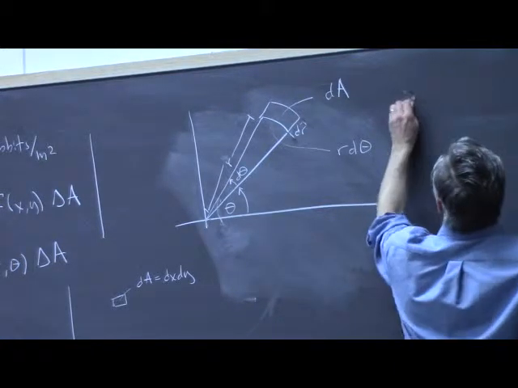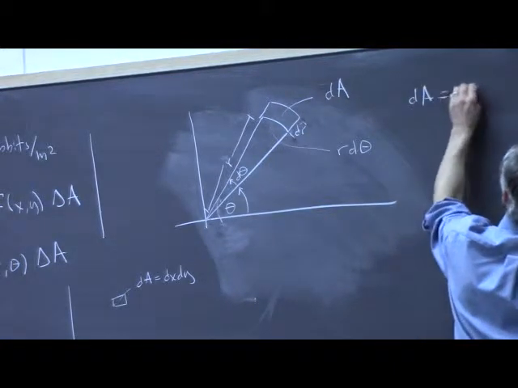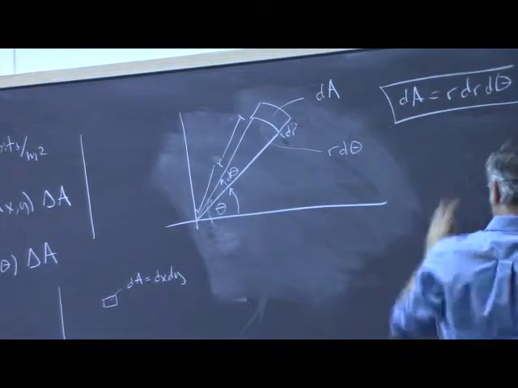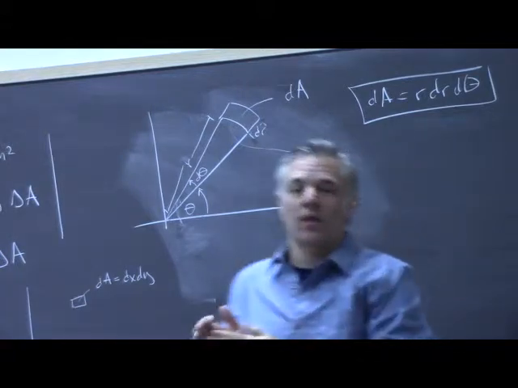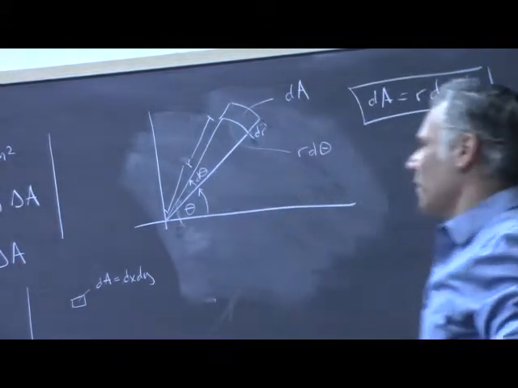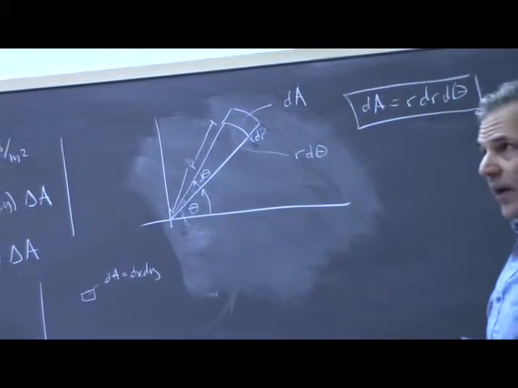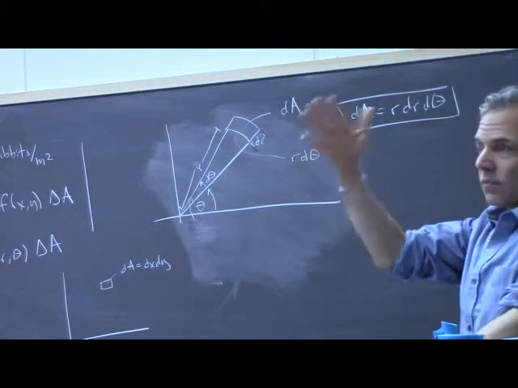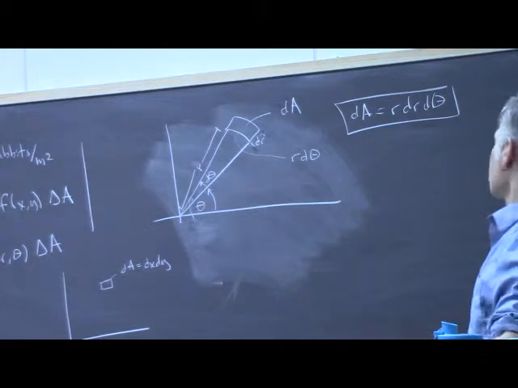So, moral of the story is that when we're counting up rabbits, we always need the area, because we have density, rabbits per square meter.